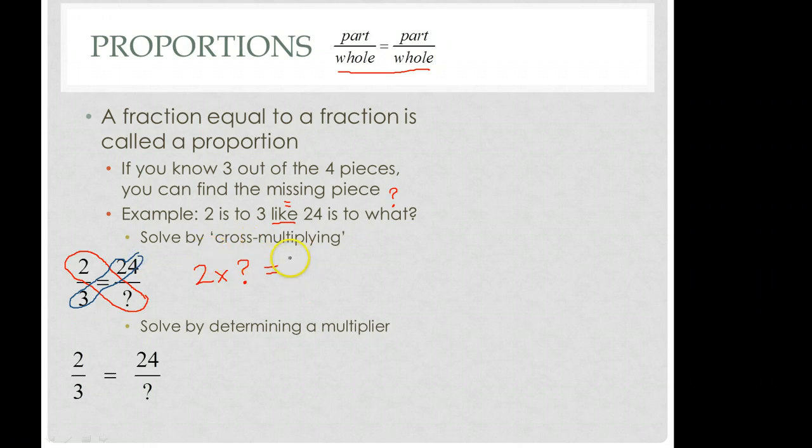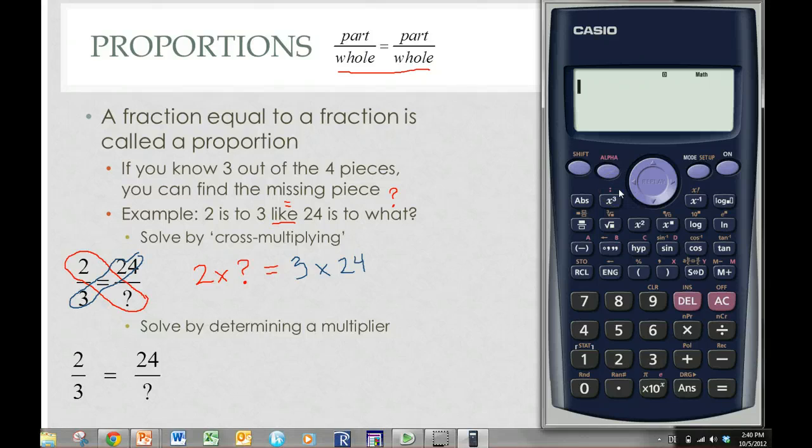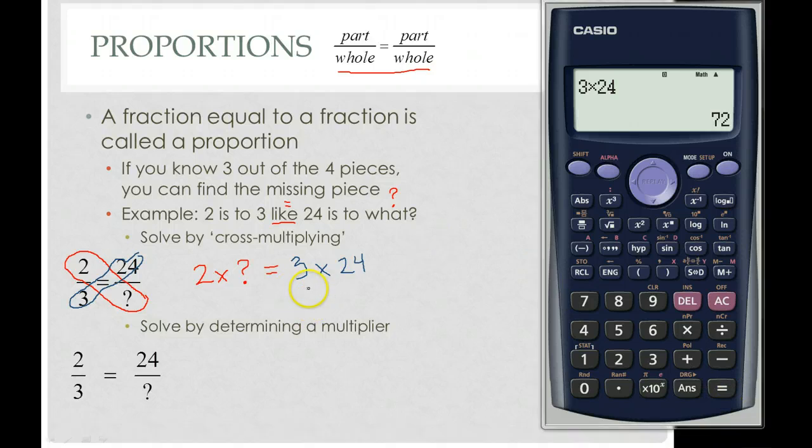So 2 times question mark equals 3 times 24. Then we can do 3 times 24 on our calculator, and I get 72. So 2 times question mark is 72.